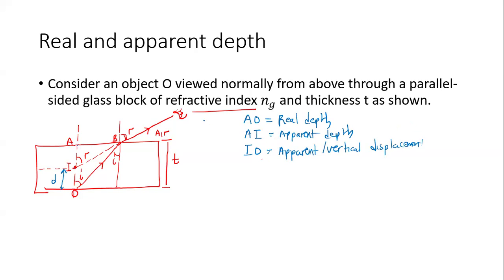Now, the person who is observing, who is looking into the glass, always the image will appear to be very close. At this point, you notice that we have two surfaces. This is the glass surface, and this is air. Whenever light moves from one medium to another of different optical densities, we apply Snell's law.